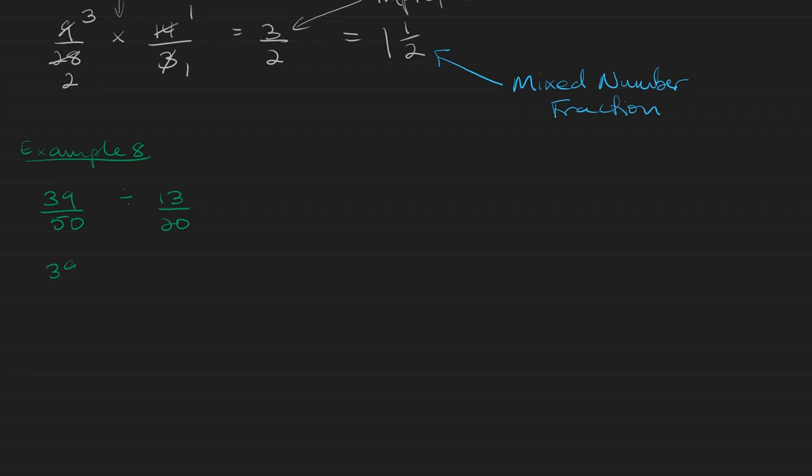It's 39 over 50, change the division to multiplication, and then we invert the last one, which is 20 over 13. 20 divided by 10 is 2, 50 divided by 10 is 5, 13 divided by 13 is 1, 39 divided by 13 is 3. So 3 twos are 6, and 5 by 1 is 5. Again, this is an improper fraction, so we want to write it as a mixed number fraction, and 6 divided by 5 leaves 1, and we have a remainder of 1, so we put that 1 over the 5.